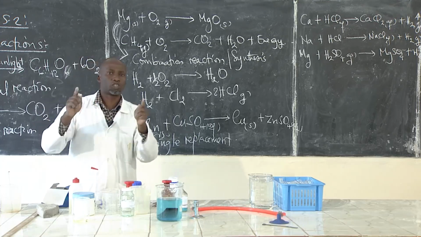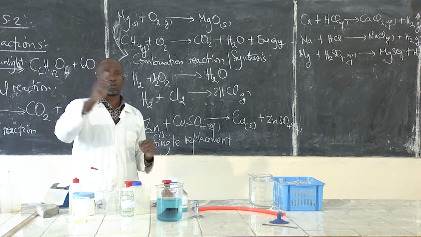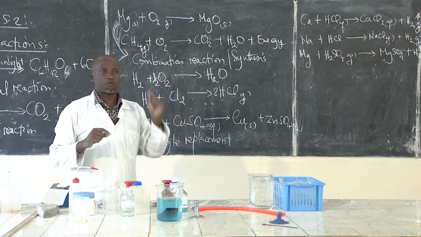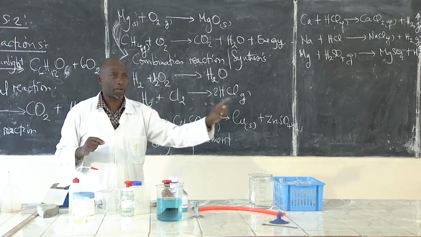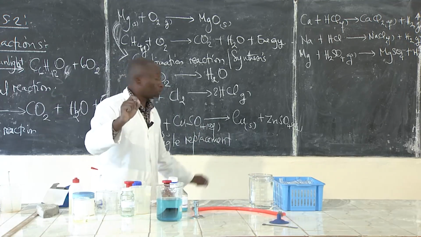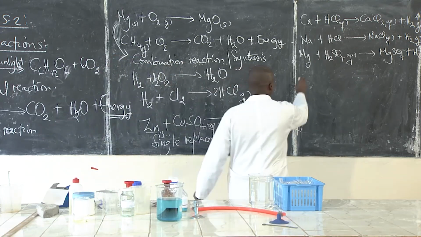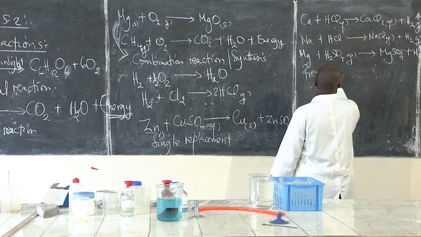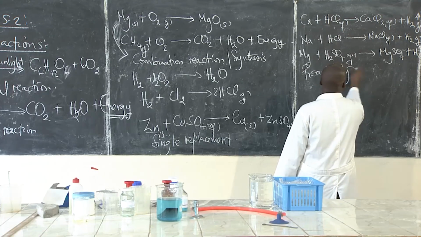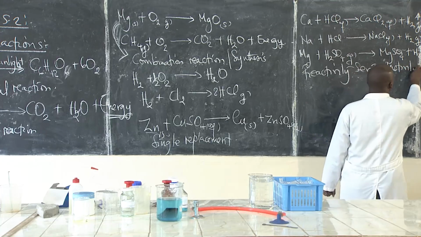But for this reaction to occur, this is something very important that you need to note. The single replacement reactions that we have seen depend on what we call the reactivity series, or sometimes the activity series.